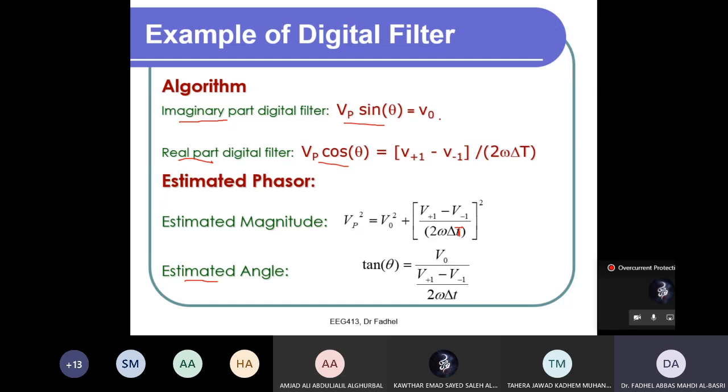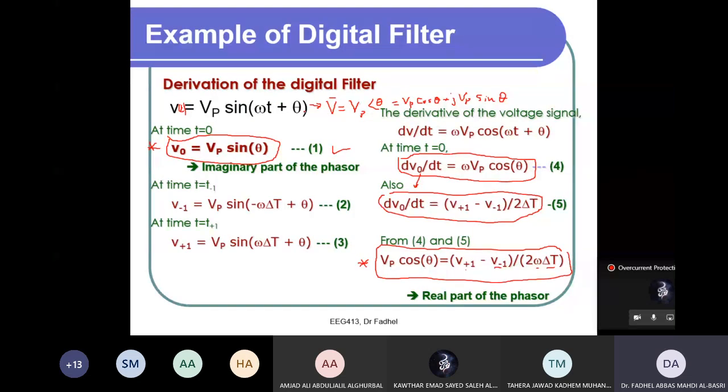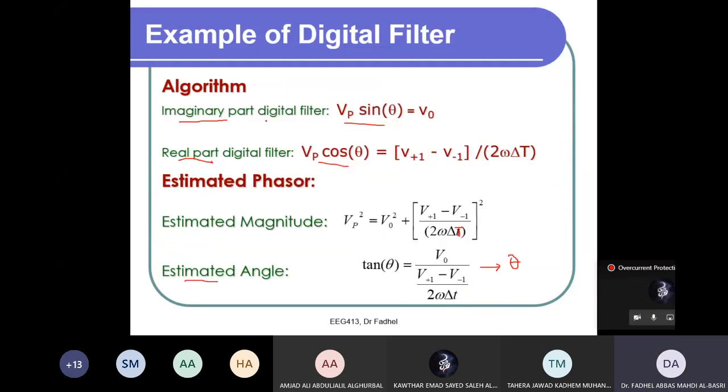Tan theta equals this over this, and from that I can estimate the angle theta. So from these two filters, I will be able to estimate VB and theta. Now, this is based on the assumptions that the signal is a pure sine wave, has no harmonics in it, and I know its frequency.